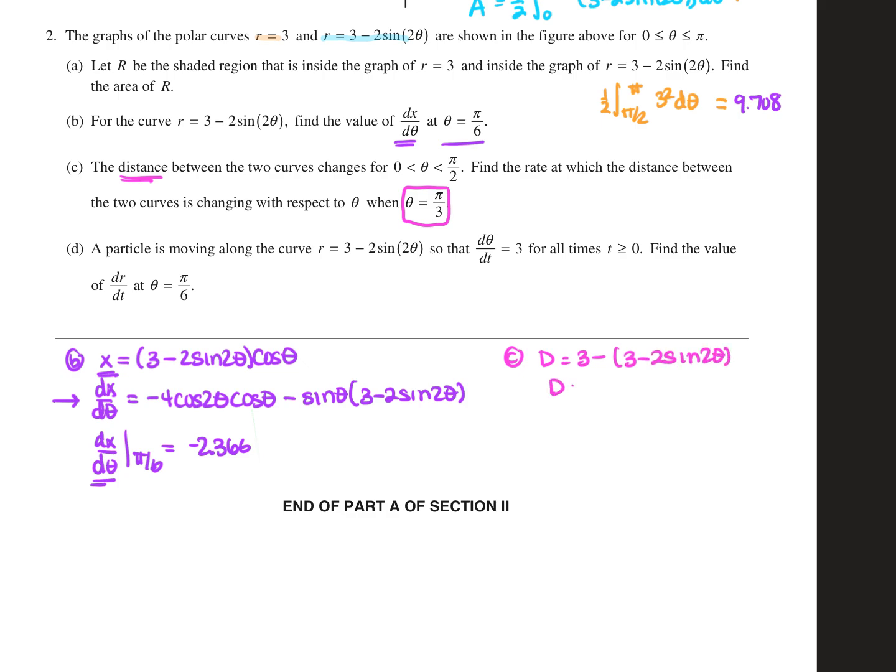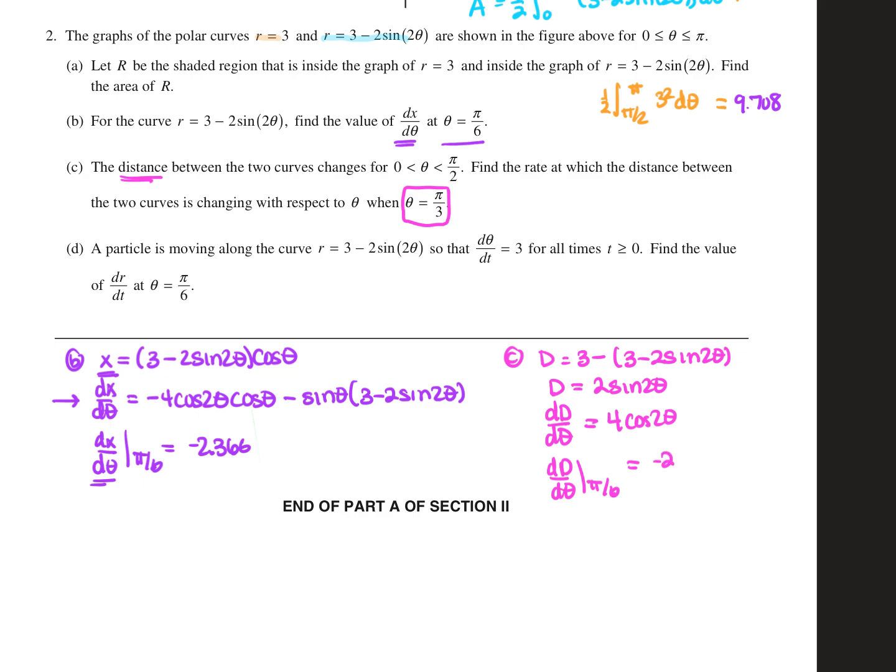So the distance between the two curves is 2 sine 2 theta. So we're going to take the derivative of this to see how they're changing. So that would be 4 cosine 2 theta. And we're evaluating this at pi over 6. And that works out to be negative 2.